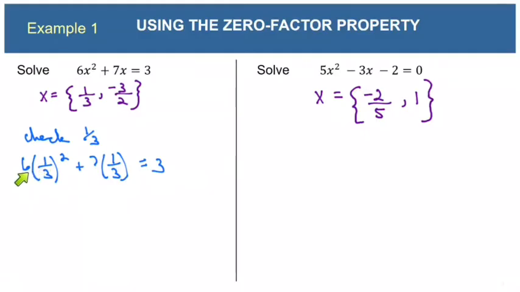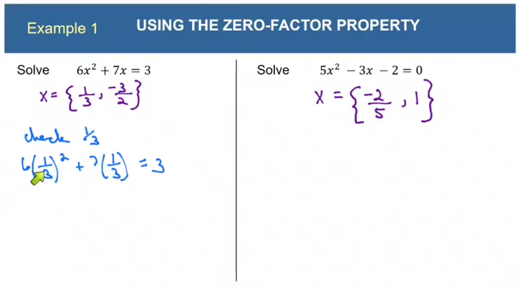So you're going to say 6 parentheses 1 divided by 3, close the parentheses and then square, and then say plus 7 times 1/3. Here it's not as important that you use the parentheses. You could get away without them here, but not with the square. So anyway, 7 times 1/3, press equal and make sure that you see a 3.